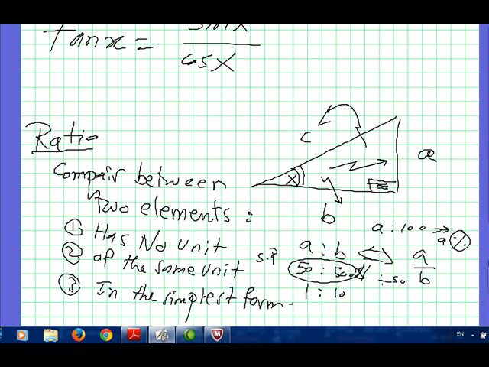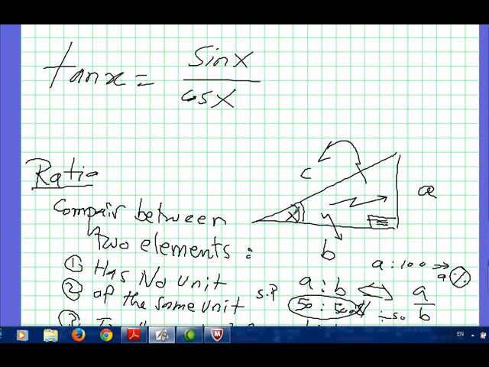The trigonometric function is a kind of ratio. For example, sine x will be the opposite over the hypotenuse. Cosine x will be the adjacent over the hypotenuse. Tan x will be the ratio between the opposite and the adjacent.